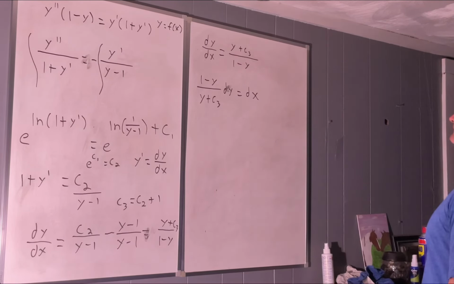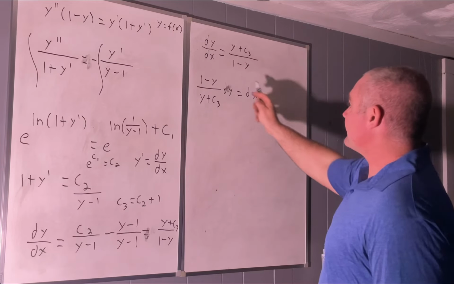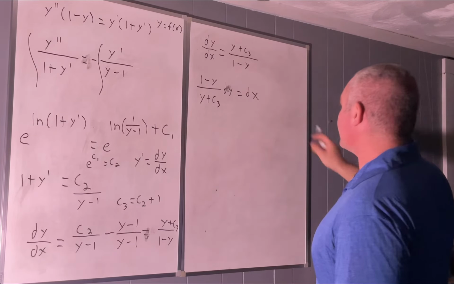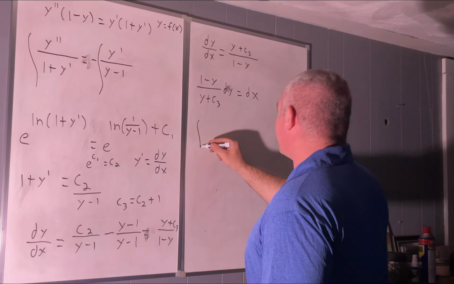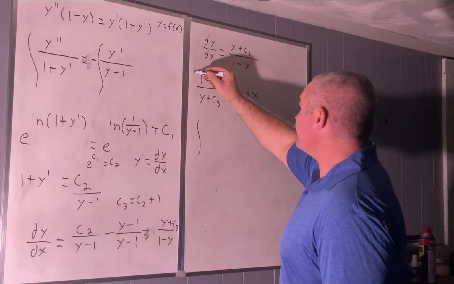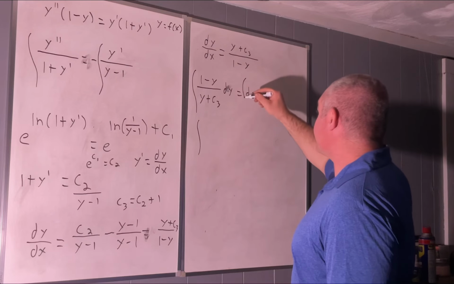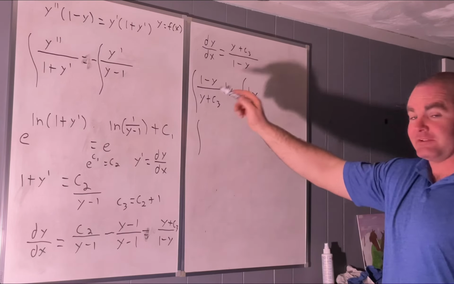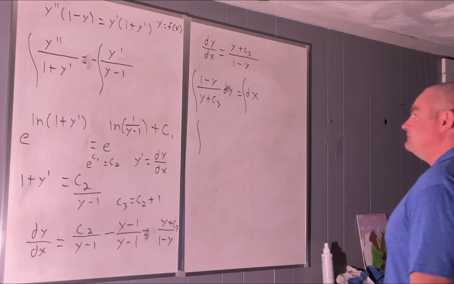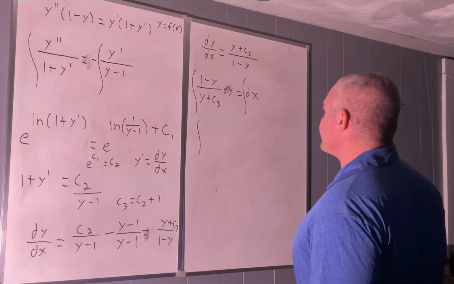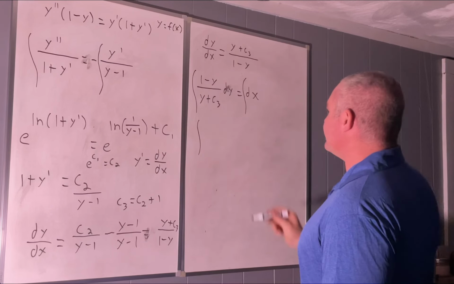Now we'll split this up into two separate integrals. What we'll do first is just integrate both of these sides. If this was true without the integral sign, then it's true with it. Now we're going to split this part up into two separate integrals.